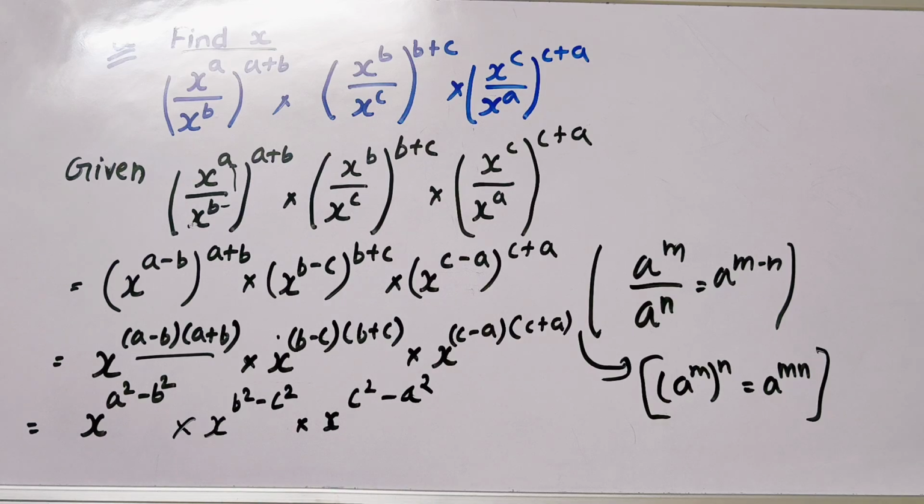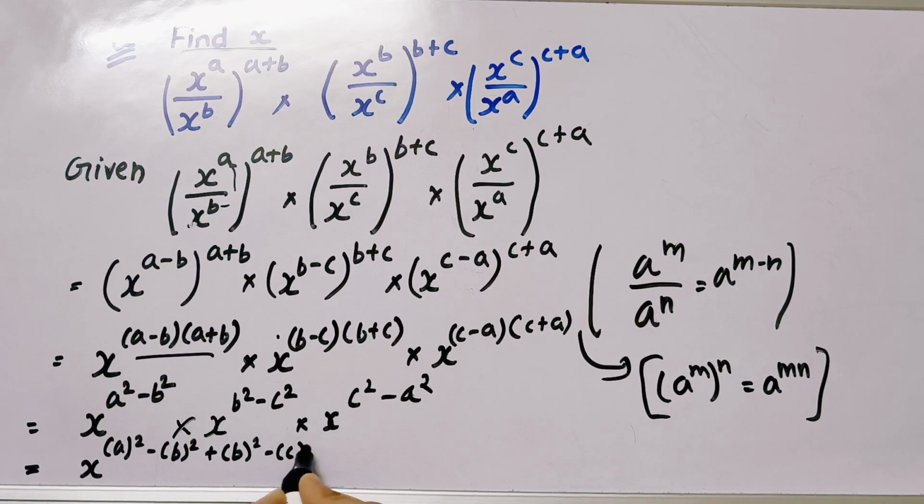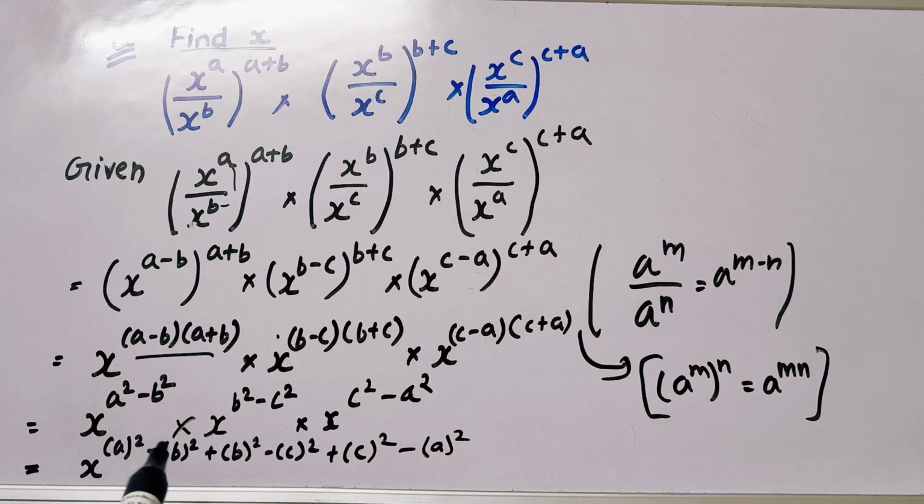Okay, now x to the power (a² - b²) + (b² - c²) + (c² - a²). Okay, so this a² will cancel with this, b² will cancel with this, c² will cancel with c².